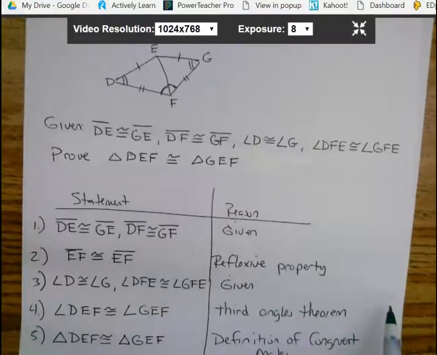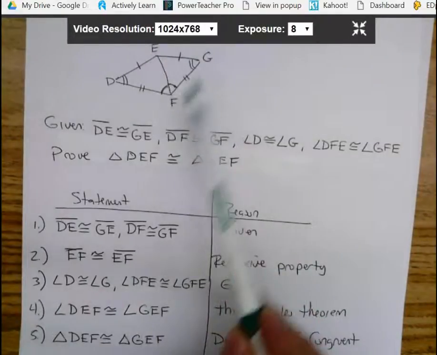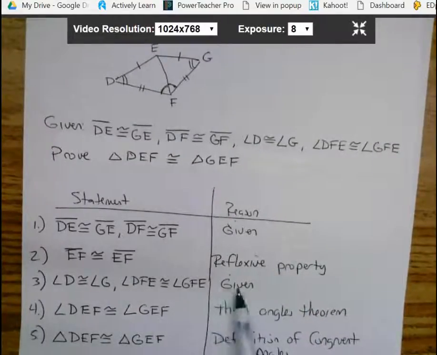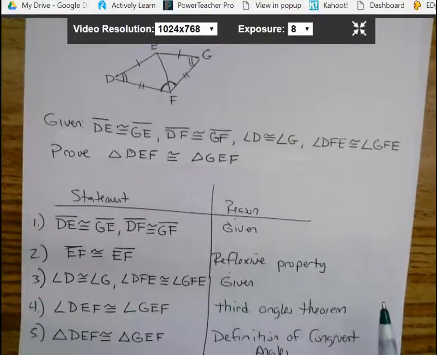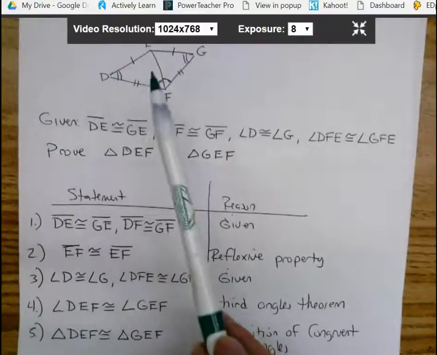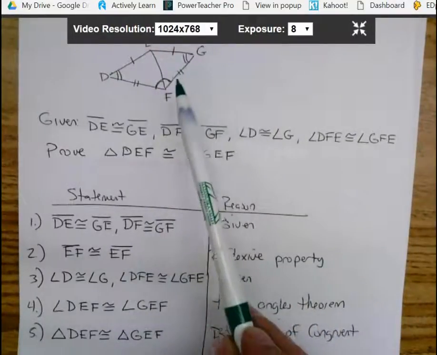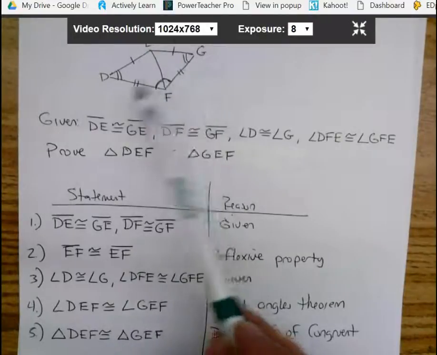And then we use angle D and angle G. We want to restate that we know they're congruent. And we know DFE and GFE are congruent. That's another given that we have. Then we can use the third angles theorem, because we have this angle and this angle on this triangle, and we have G and F on this one, and we know they're congruent.